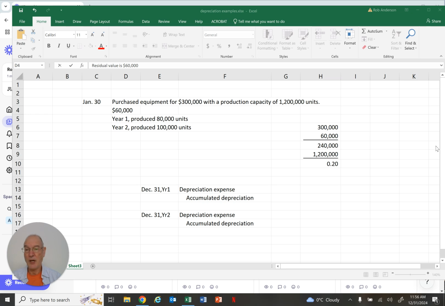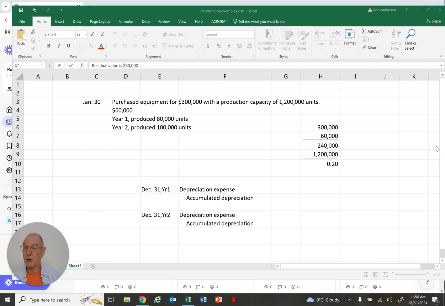So for example, we might have a vehicle and we might say, oh, the depreciation on this vehicle is 10 cents per kilometer driven. Or we might have a piece of equipment that is meant to hydraulically cut a piece of metal, and we might say, okay, this equipment should be good for 5 million cuts, and then it's had its useful life and we'll retire it.